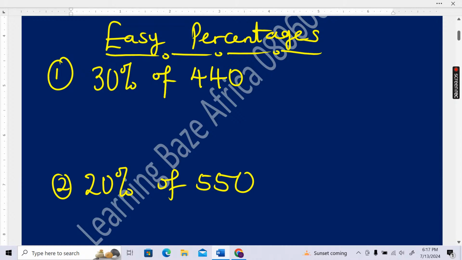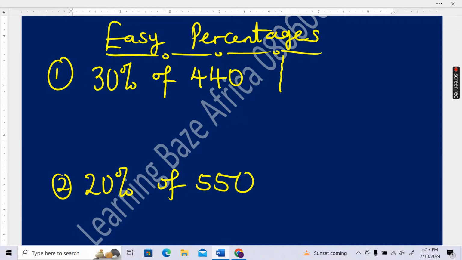So let's deal with these two. How do we find 30% of 440 without using a calculator, without using the pen and the book? Now, look at the math magic. The first thing you need to do is to strike out the zeros.